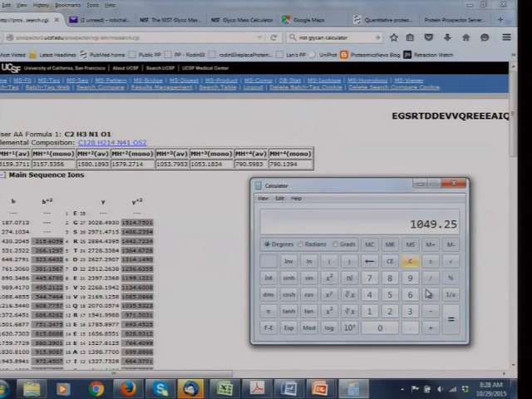Quadruply charged. Take away 3. So the mass of this peptide in total is 4,194, of which 3,157 is the peptide, and so the difference between those two should be the mass of the sugar. Which is 1037.